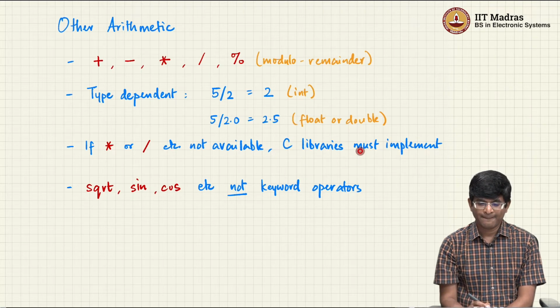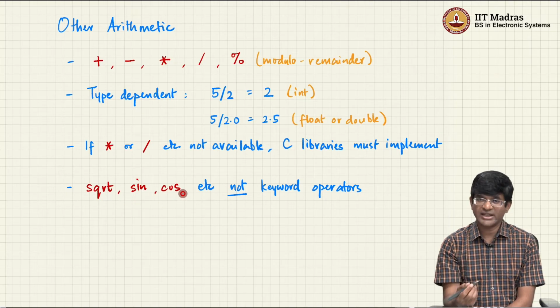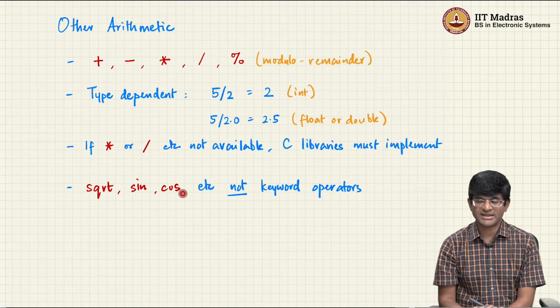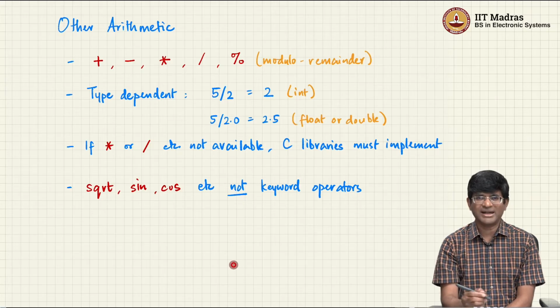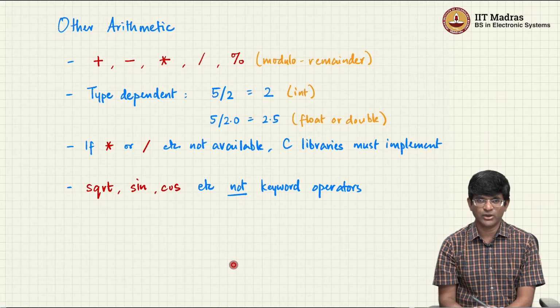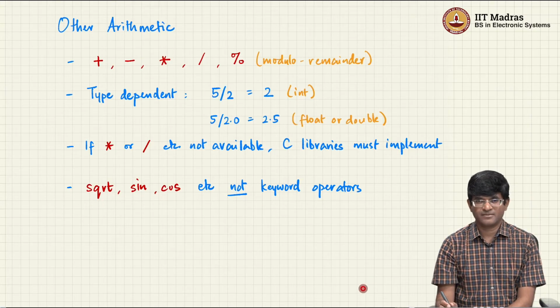One other thing to keep in mind is that there are certain functions like square root, sine, cosine and so on, which are available not as part of the standard library or the most basic core library, but as part of something called the maths library, which is very commonly used in C. These are not keyword operators, they are implemented as functions.